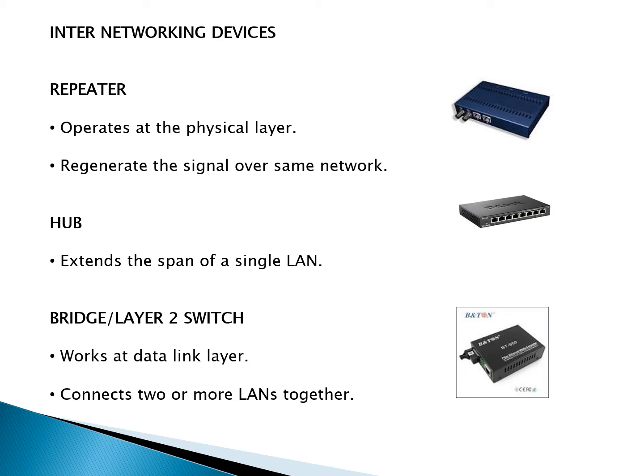An important point to be noted about repeaters is that they do not amplify the signal. When the signal becomes weak, they copy the signal bit by bit and regenerate it at the original strength.